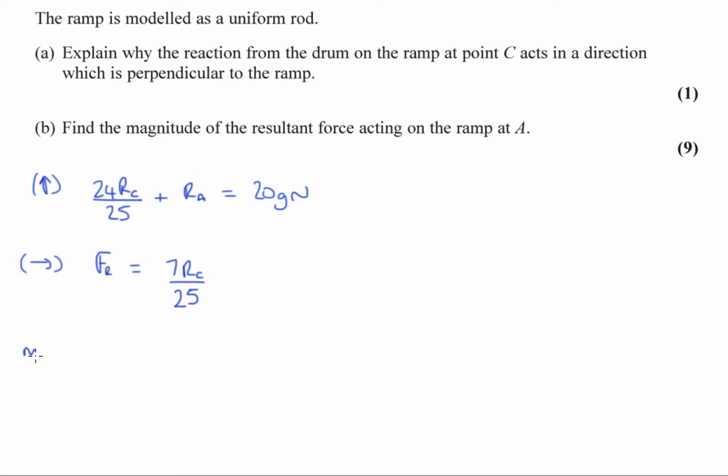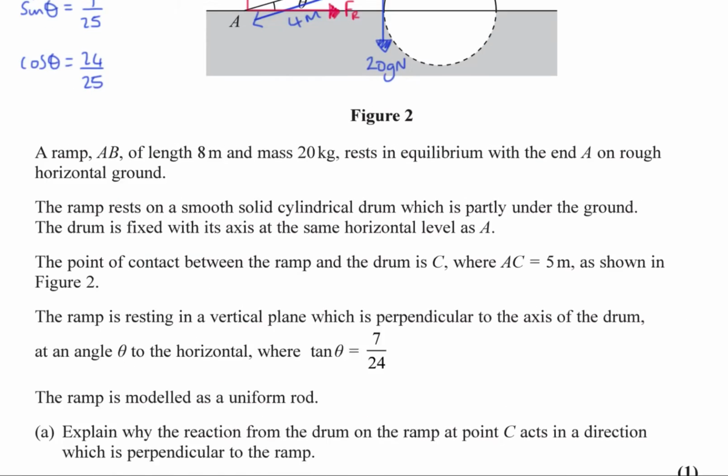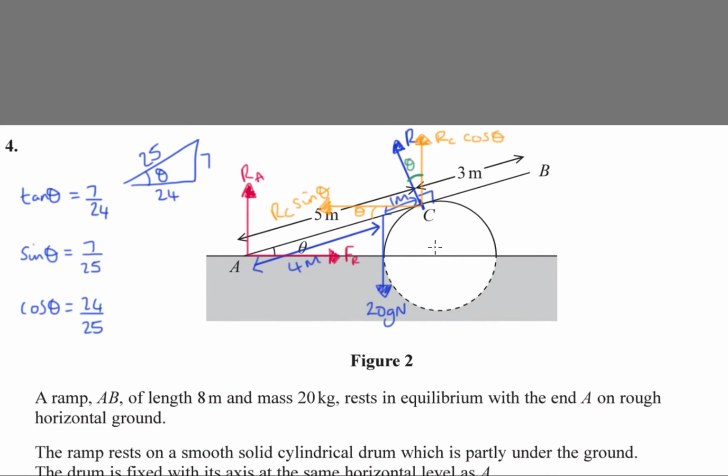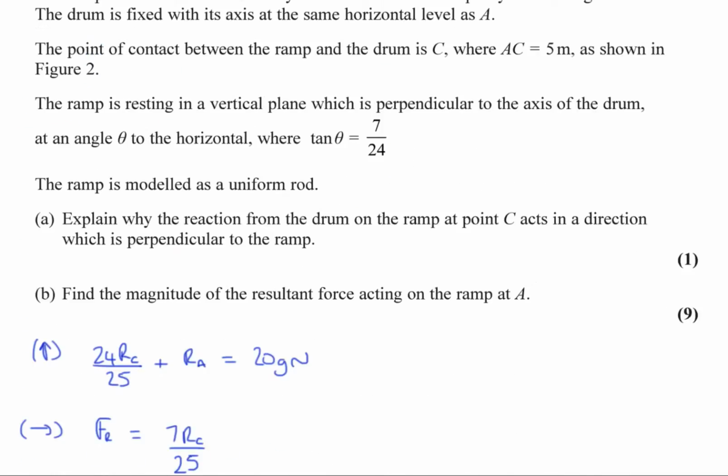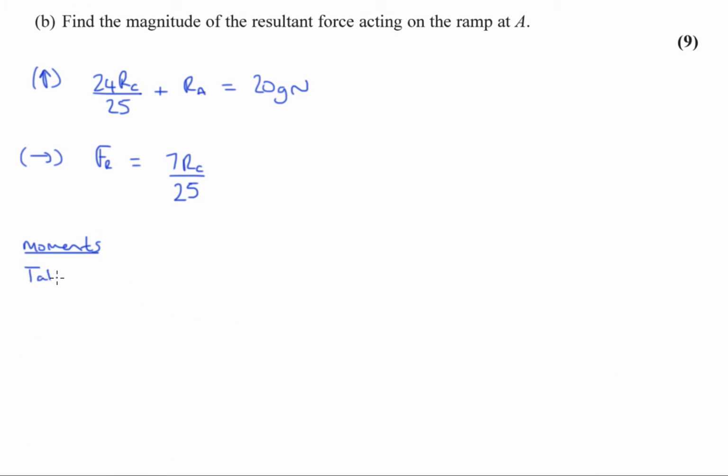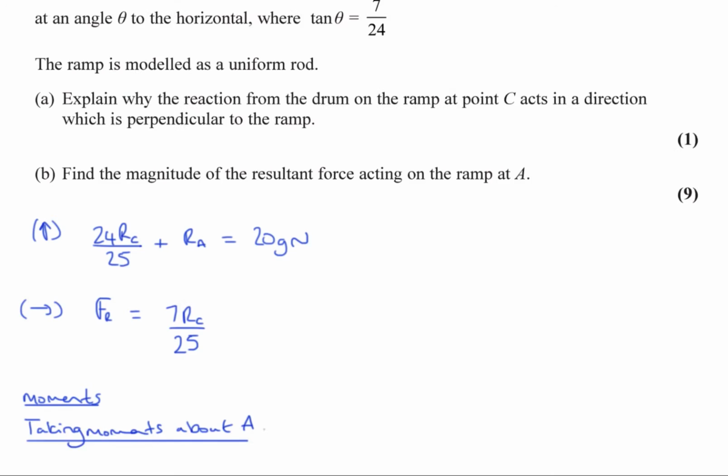And then if we look at moments, now we've got to think about where we want to take moments. We're trying to find RA. So let's take moments about A, and that will allow us to find RC, because that's going to take out the friction and RA.